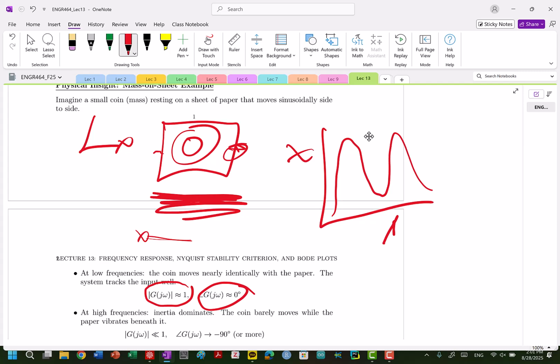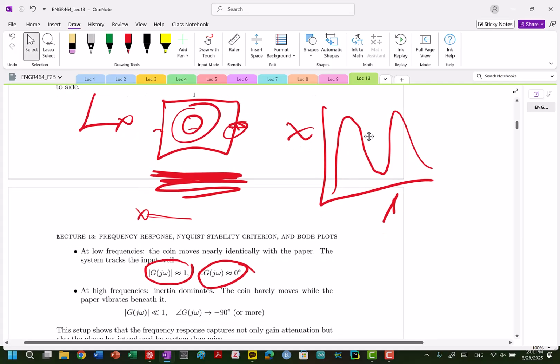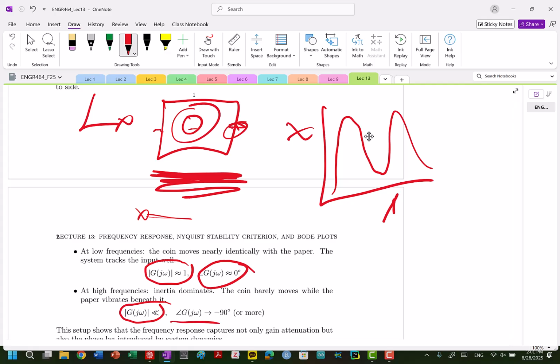But at higher frequencies, the penny is going to slide, right? The friction can't maintain it. The actual position of that coin may get very close to zero, and the coin is going to move opposite, with basically a 90-degree phase lag with the paper.